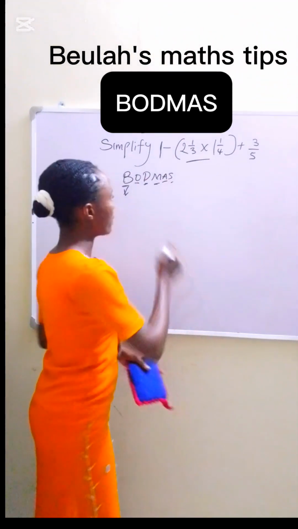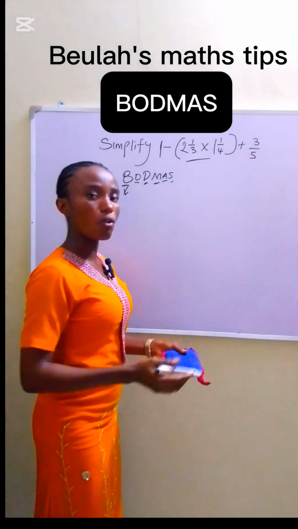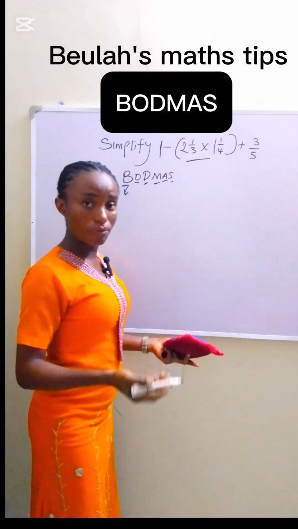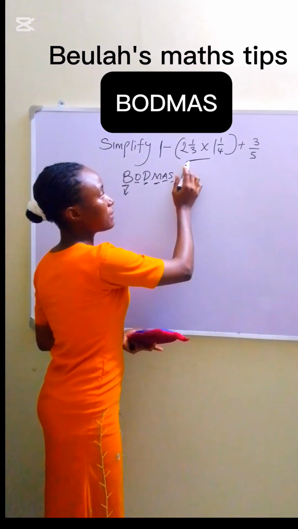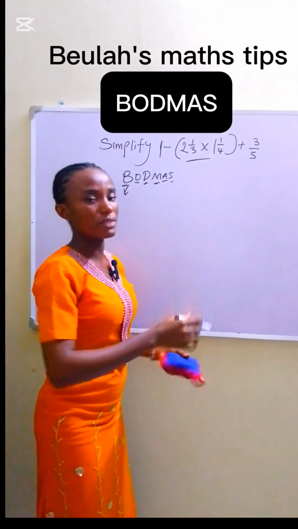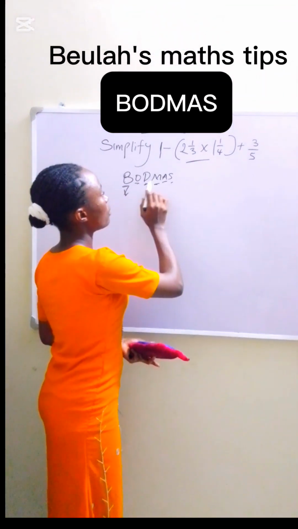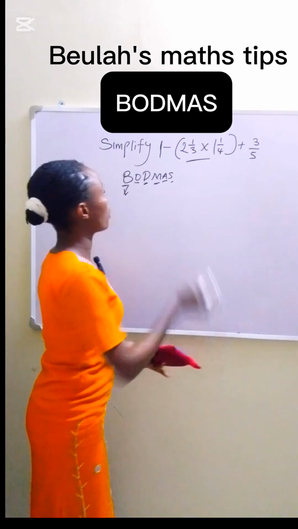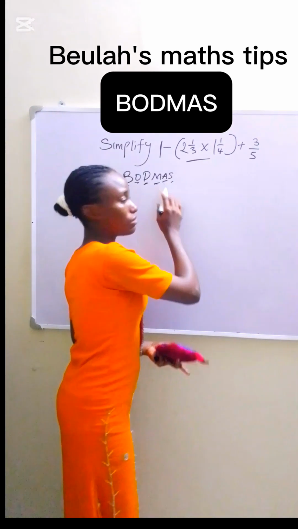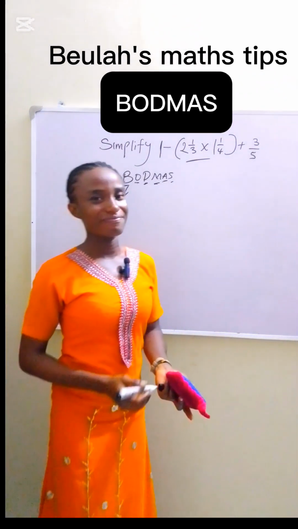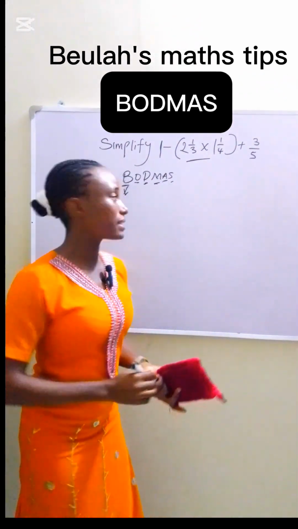After solving B, you ask yourself, is there O? Means is there of? No of here. So is there division? If you don't see of, you go to the next one. Is there division? Then you solve division if there is. But if there is no division, you ask yourself, is there multiplication? You solve there. Then is there addition? You solve before subtraction.